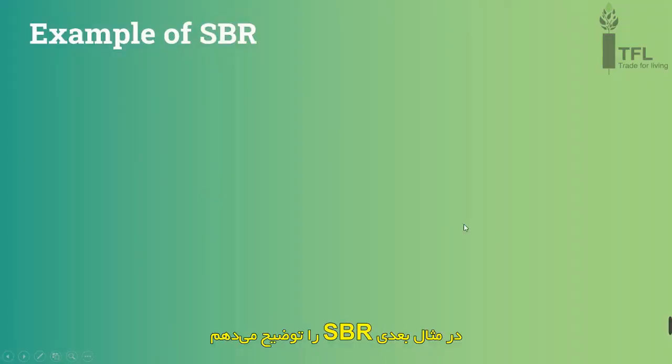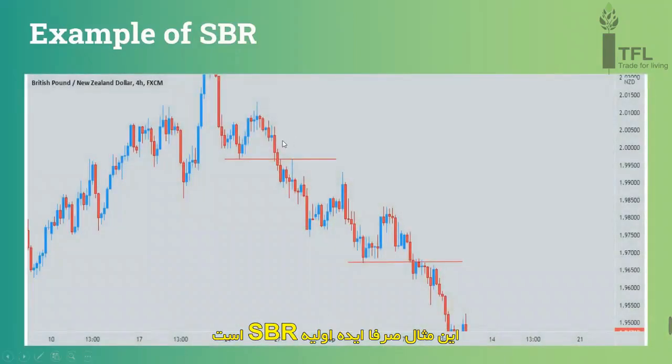So next, we're going to show you what is a support become resistance, the SBR. So here is the rough idea. The support becomes SBR, all right? So British pound, New Zealand dollar, correct. So the price breaks, and when it comes back to this area again, it will bounce.